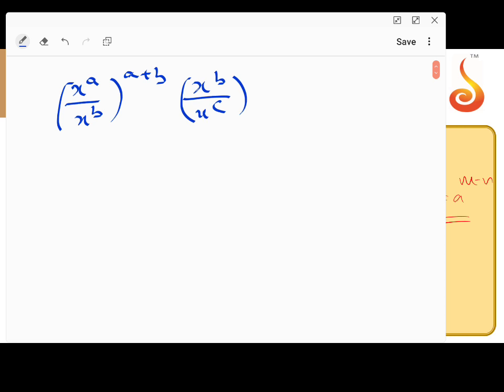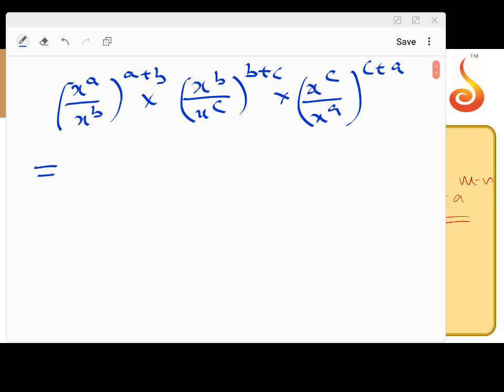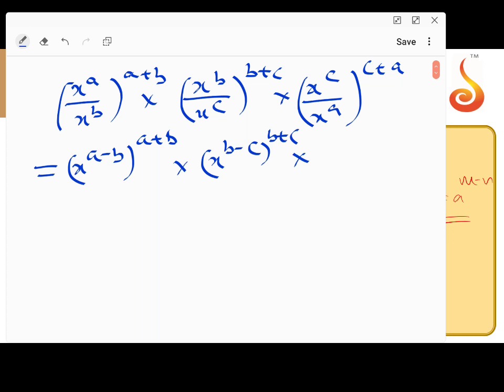So (x^a / x^b)^(a+b) times (x^b / x^c)^(b+c) times (x^c / x^a)^(c+a), which is the given question. Inside the brackets you have to use the property. The bases are the same, so x^(a-b) whole power (a+b), times x^(b-c) whole power (b+c). Follow the same rule for all the bases: x^(c-a) whole power (c+a).